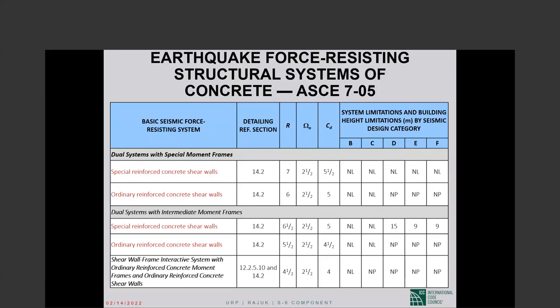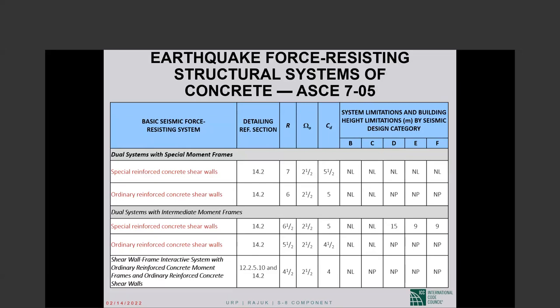The second analysis will give you the required strengths for the columns in the lower levels of the building, because the interactive analysis will show that very little shear develops in the columns. So the shear strength of the columns will come from the second analysis.